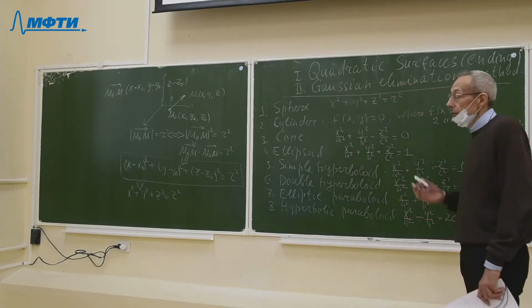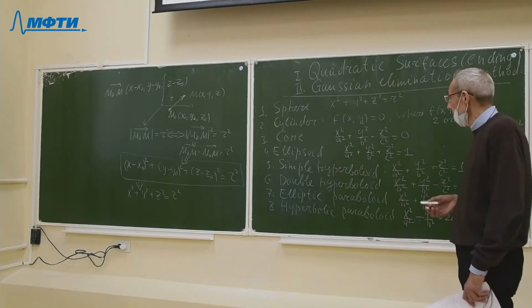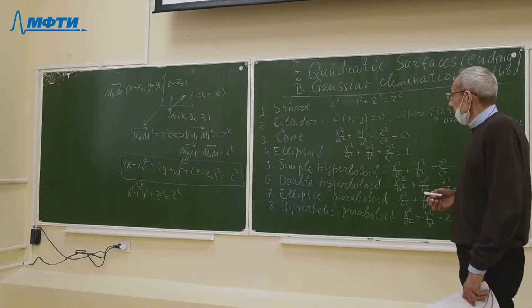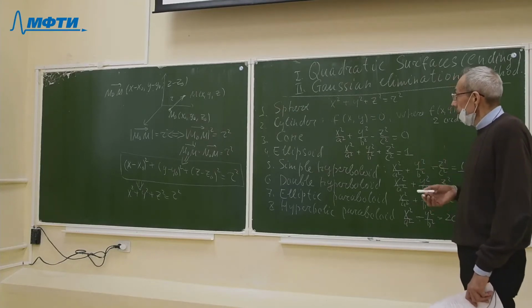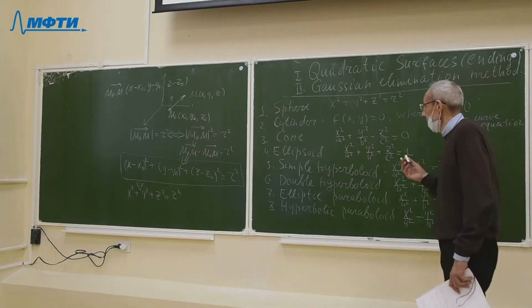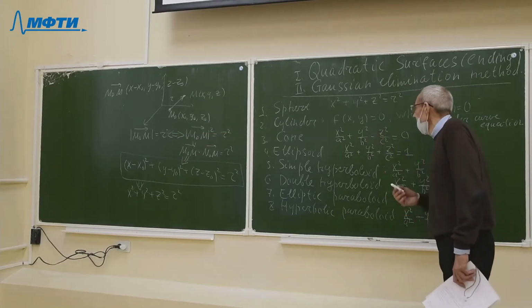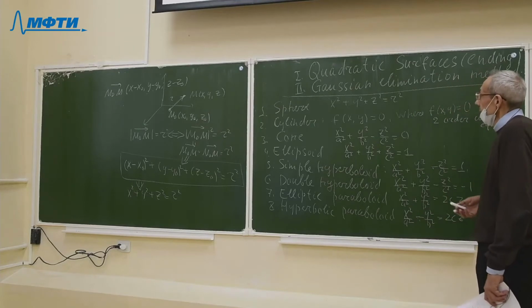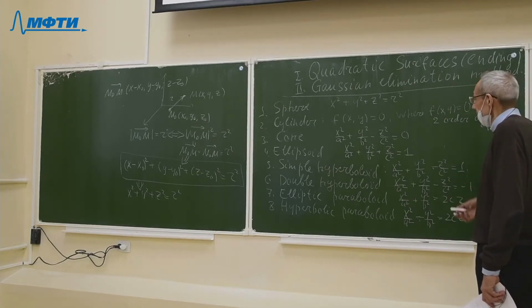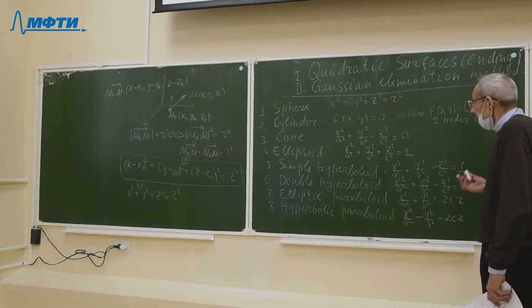In the case of a quadratic surface, we have the same method to obtain the equation of the surface. In the case of a cylinder, we have the same equation as in the case of the curve.